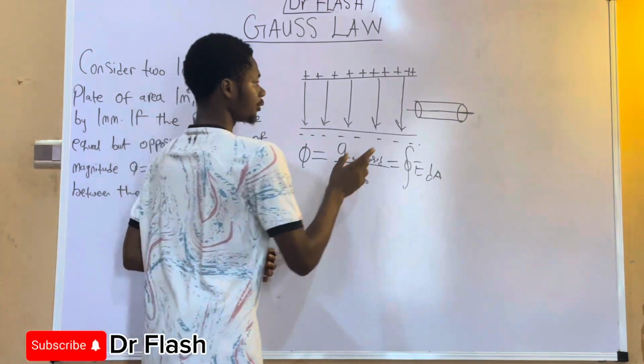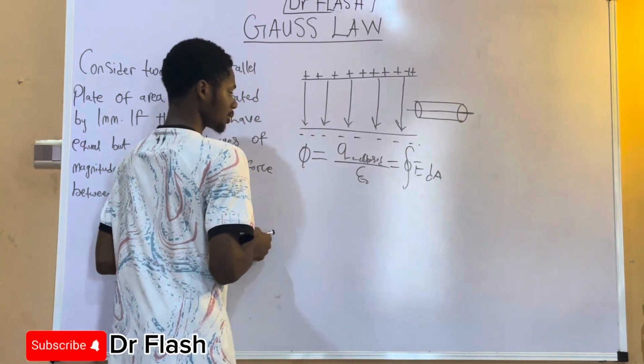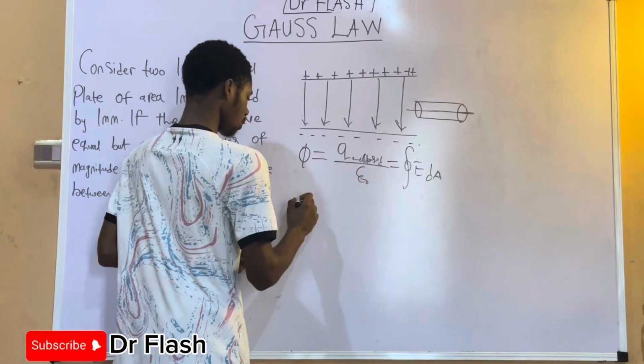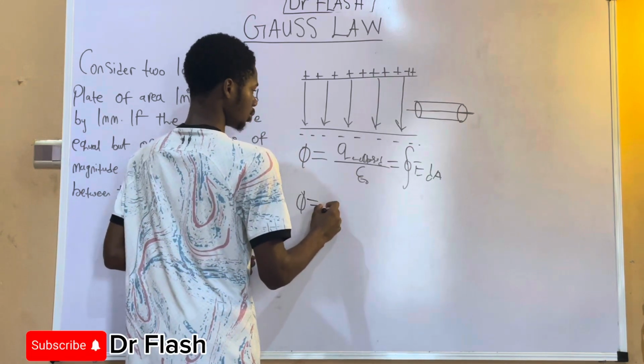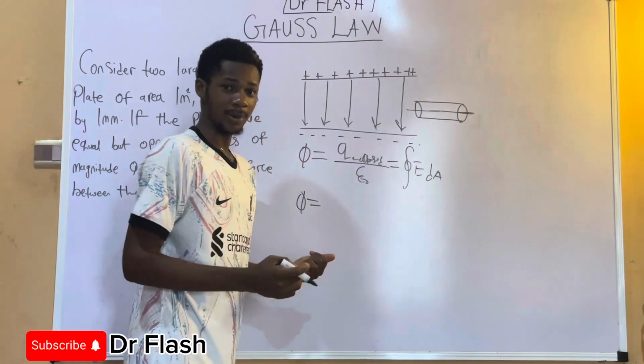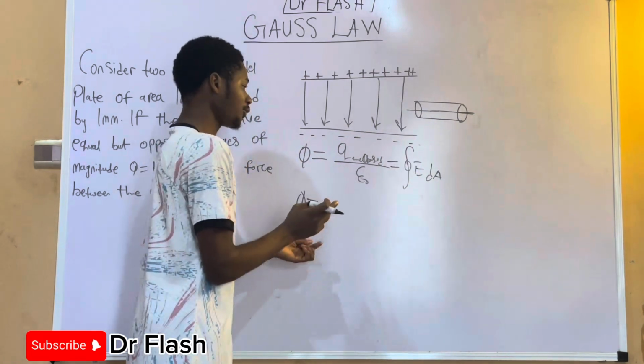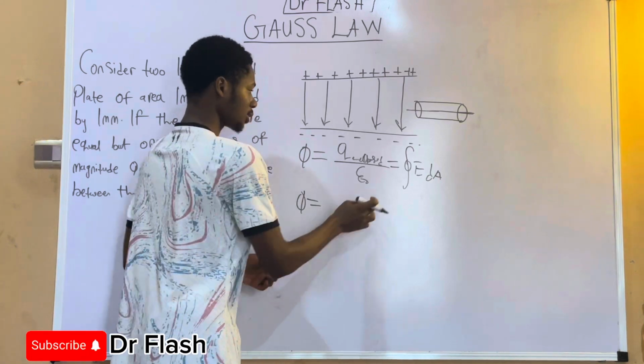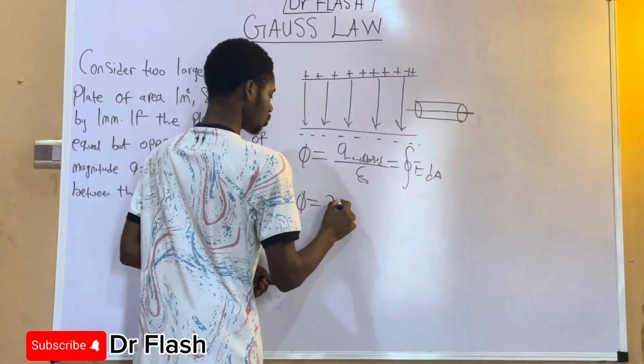So if I were to do that again, the flux is going to equal, remember we're having two sides of the area, so I'm going to multiply by 2. The proof is on the other video, so even if you don't understand the proof here, there is no problem with that. So we're going to get 2EA.